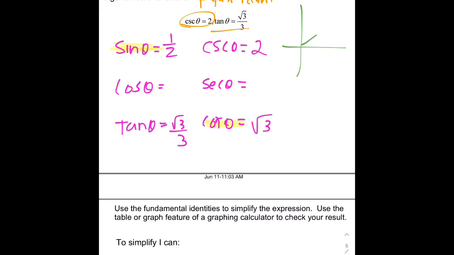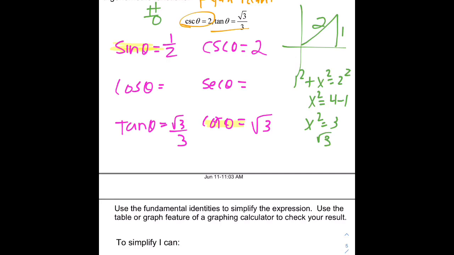So when I draw my triangle in the first quadrant, I know that the cosecant is going to be hypotenuse over opposite. And if I do the Pythagorean theorem, I get 1 squared plus x squared equals 2 squared. So x squared is equal to 4 minus 1.